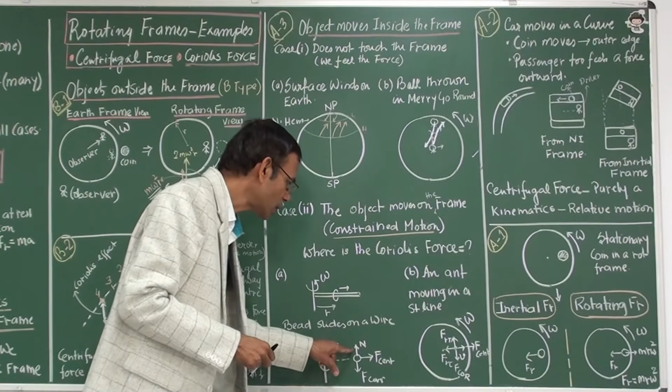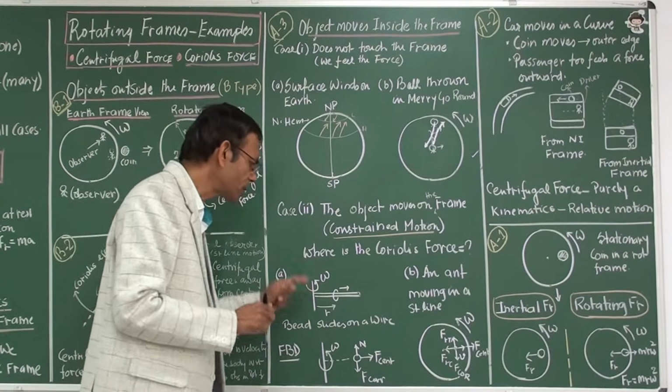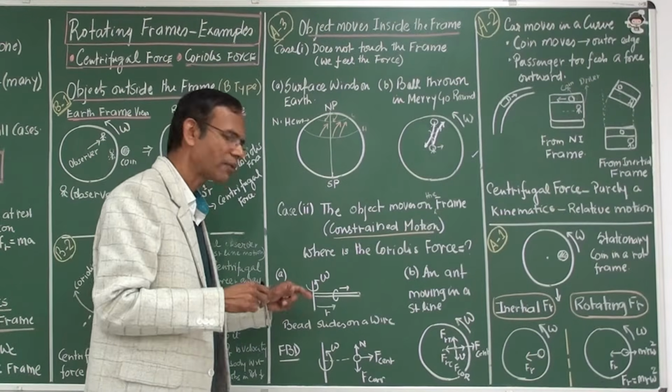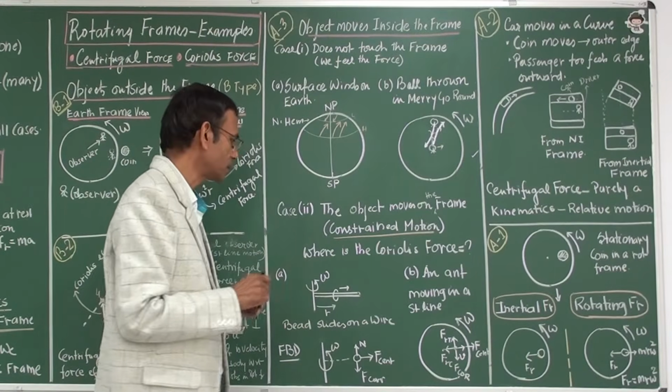So obviously the normal reaction and the Coriolis force should balance each other. As you see, things are consistent: once we have developed the theory or the law, it is followed everywhere.